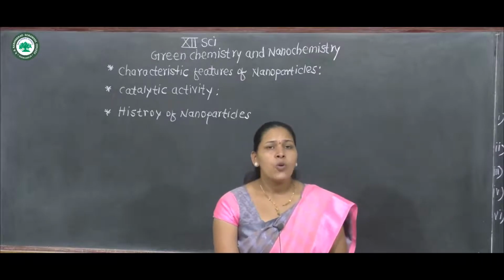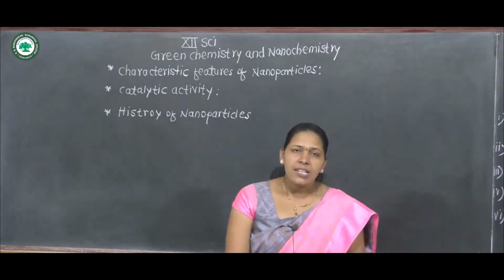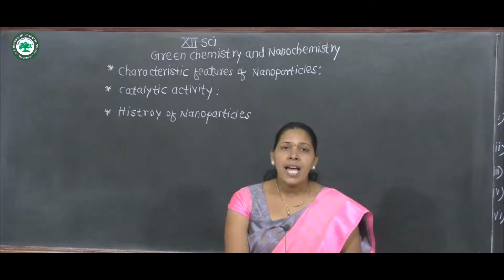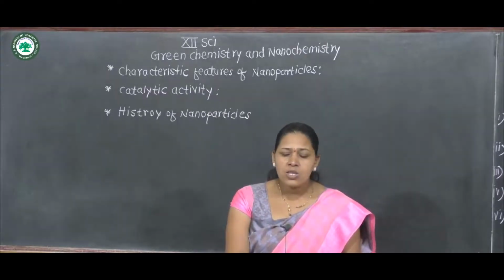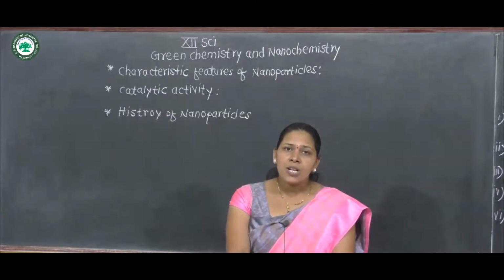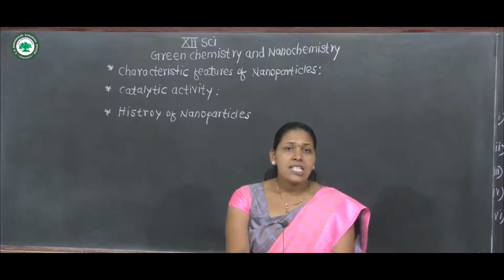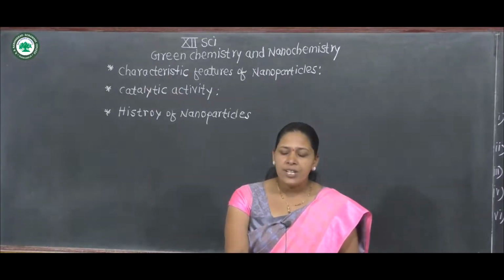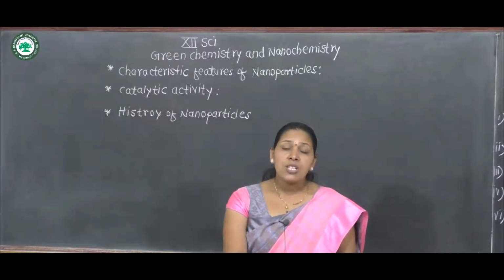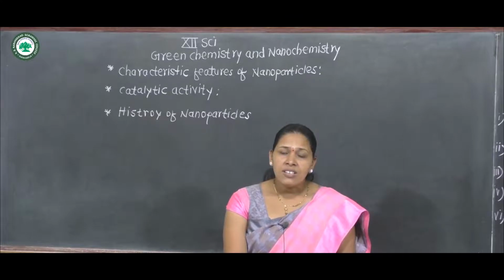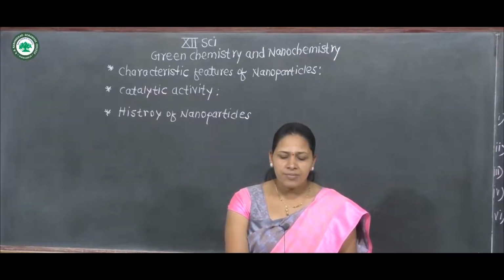The second nanostructural material which was used from ancient times is carbon black. Carbon black is used in car tires to increase their life. Then next is carbon nanotubes. Carbon nanotubes are made up of graphite sheets with nano-sized diameter, and they have the highest tensile strength.